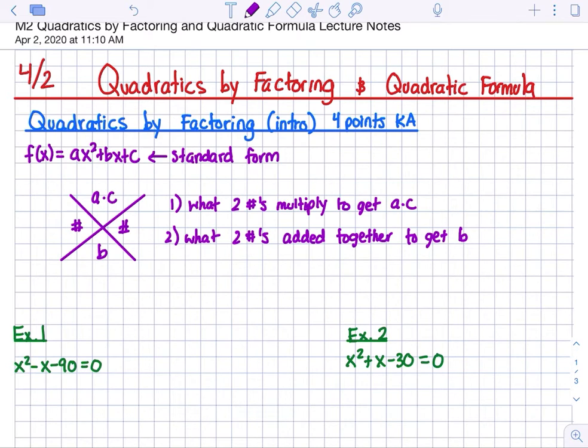And this is assuming that your a value is equal to 1.